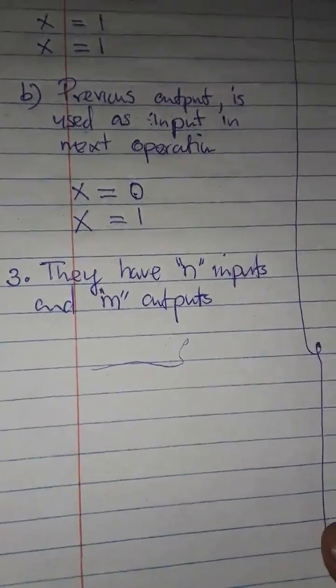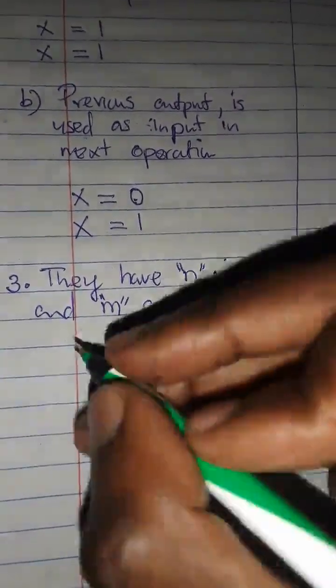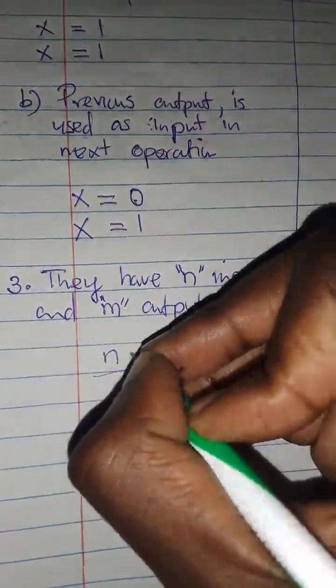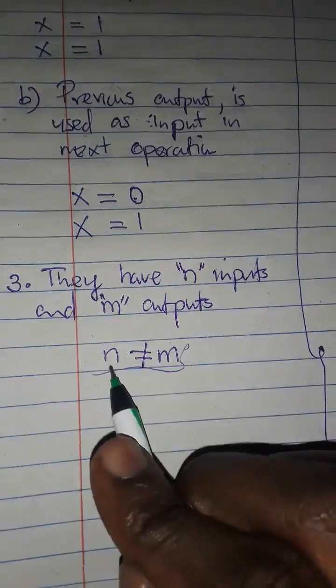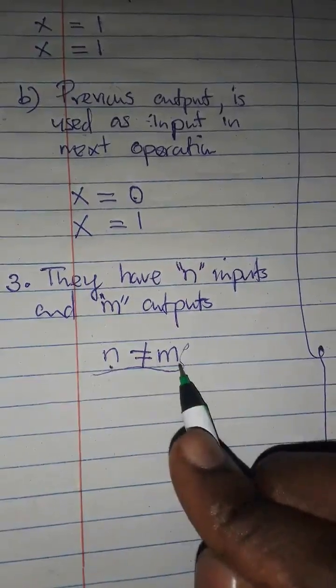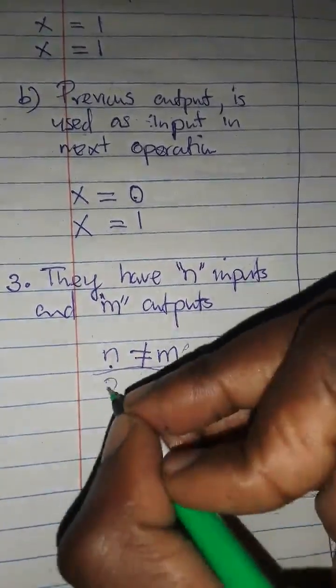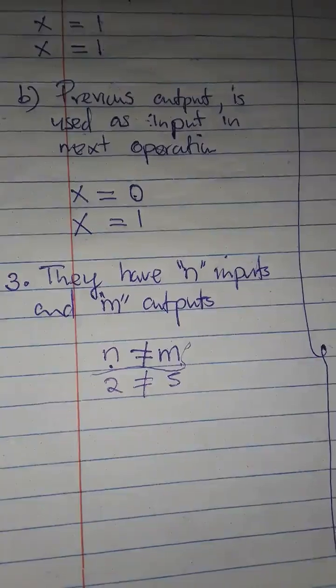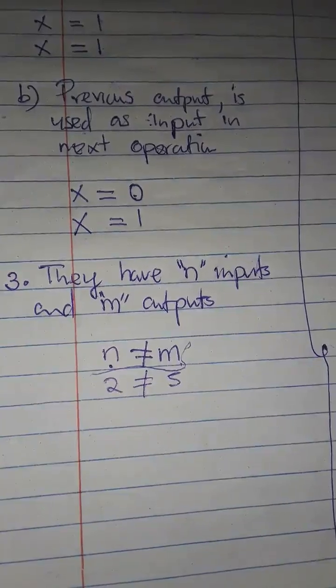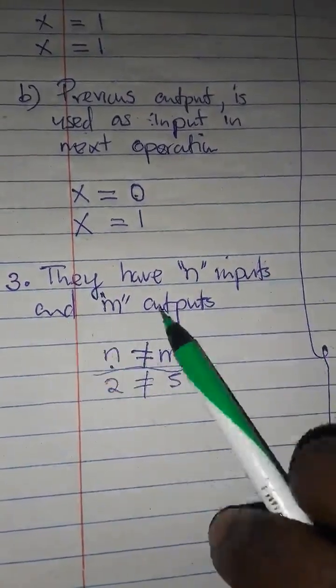What does this mean? It means that n is not necessarily equal to m. So if n is 2, m doesn't have to be 2. M can be a different number, less or greater than 2. If this is 2, this might even be 5 or something, and these are not equal. That is what I mean. N is not equal to m.